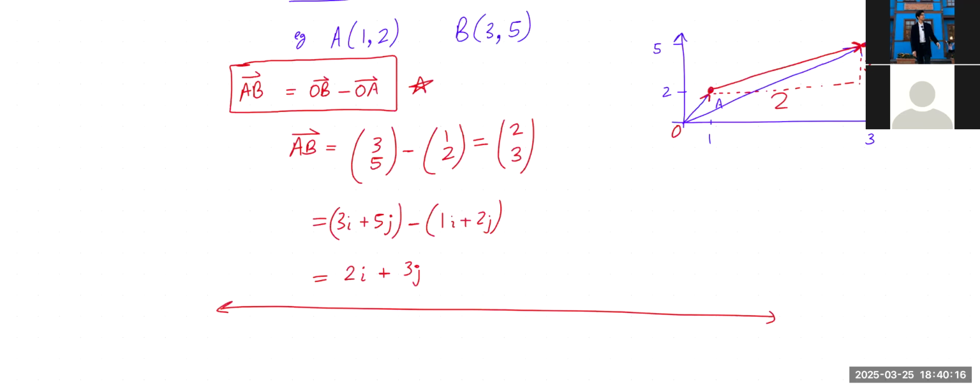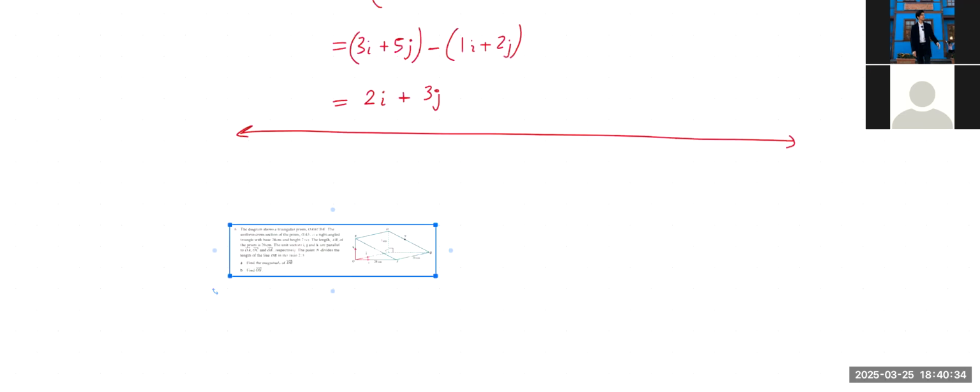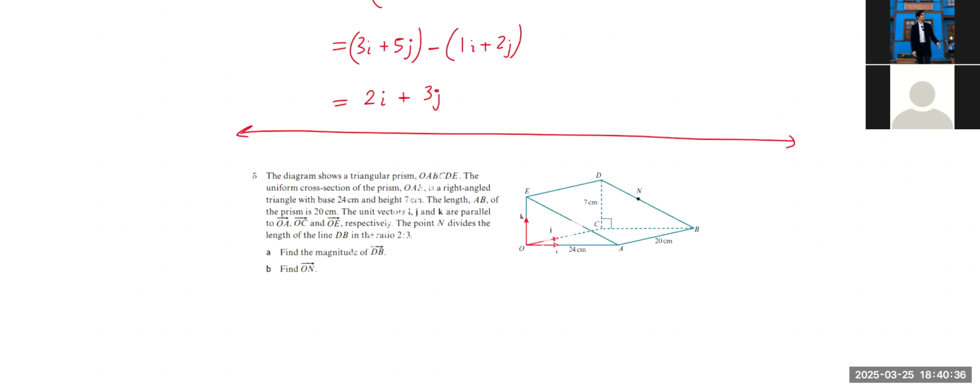Now we can look at some questions, maybe one question. Let's start with that. This is a good one. So in this question, we have a prism given to us.